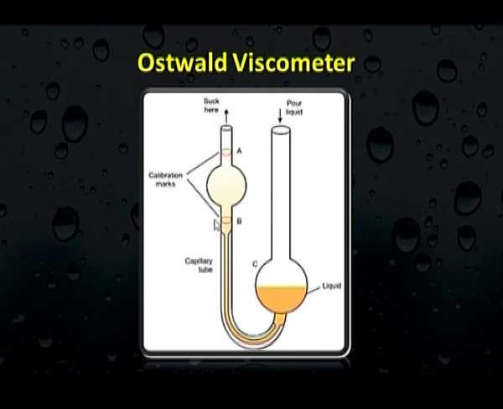Suppose that is T1. Now, we will repeat the same experiment with the second liquid, that is the reference liquid, which we have taken to be water, and then again we will release it from A to B and note down the time taken. The densities of the two liquids, the unknown liquid and water, are determined with the help of a pycnometer.